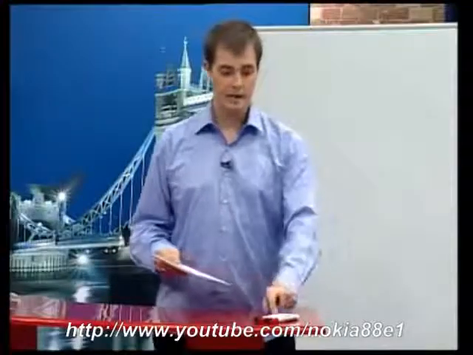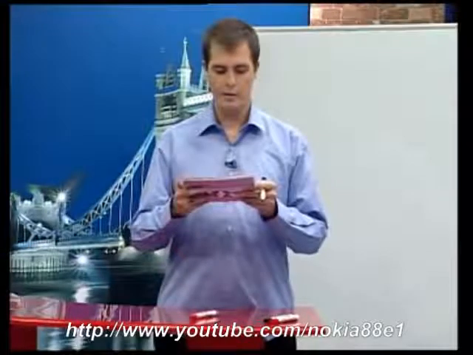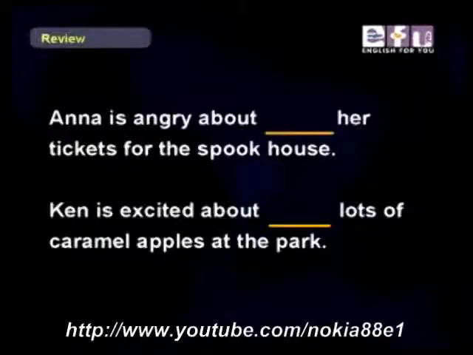Now let's do another exercise. This one can be a fill in the blanks. I'll give each of you two. Fill in the blanks with the appropriate gerund. Lewis, you can go first. Anna is angry about something. Her tickets for the spook house. That's the first one, and I'll write the second one on the board too. Ken is excited about something.